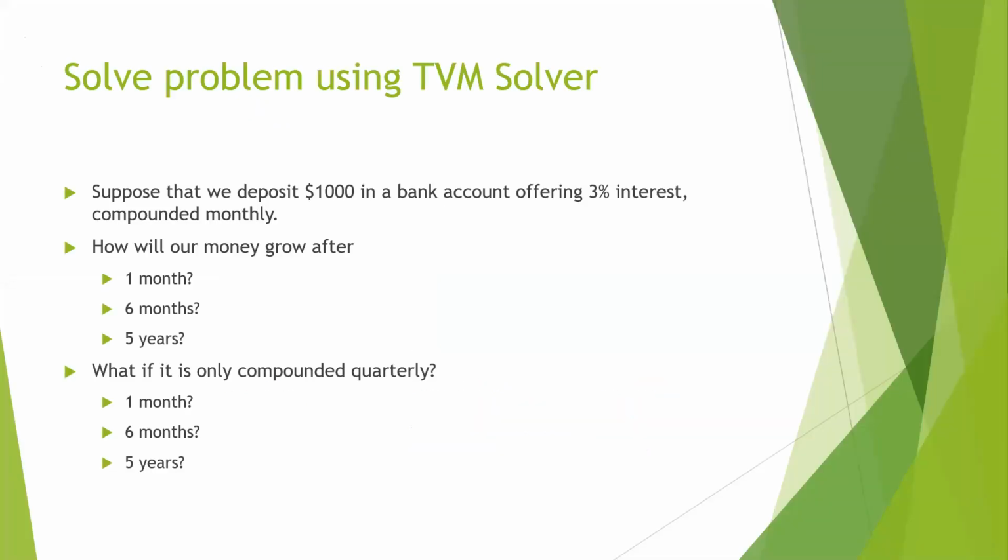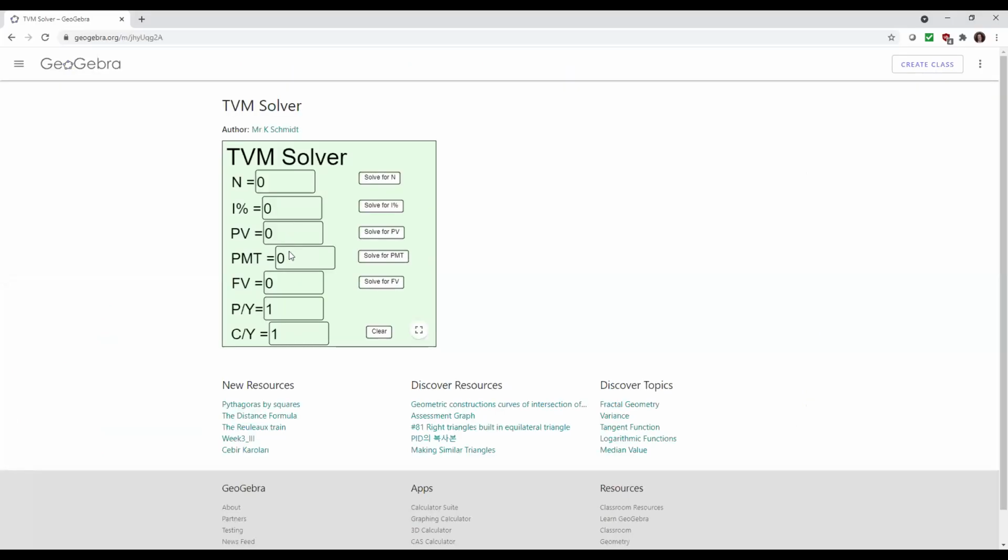So we have $1,000 at 3% interest. We'll type in $1,000. That's how much we have today, so that's our present value. And 3% interest. Okay, let's go back to the problem and see what other information we are given.